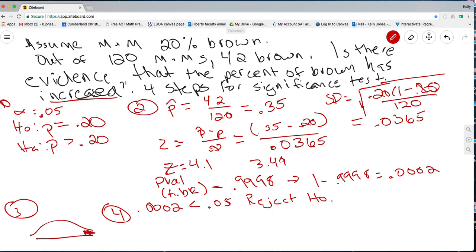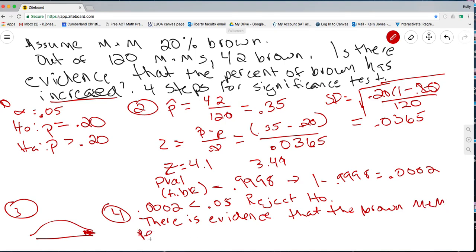Well, it means that I'm saying the percent is not 20%. So we say there is evidence that the brown M&M percentage has increased.